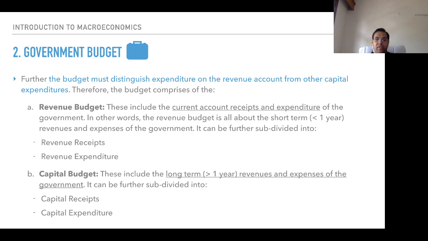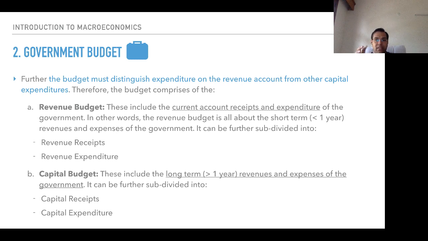In other words, the revenue budget is all about the day-to-day budget, day-to-day receipts and day-to-day expenditures. It is about the short term, up to 1 year, revenues and expenses of the government. It can be further subdivided into revenue receipts and revenue expenditures.